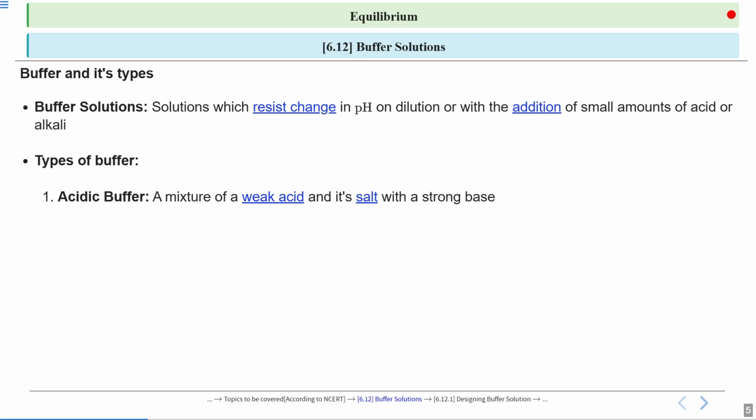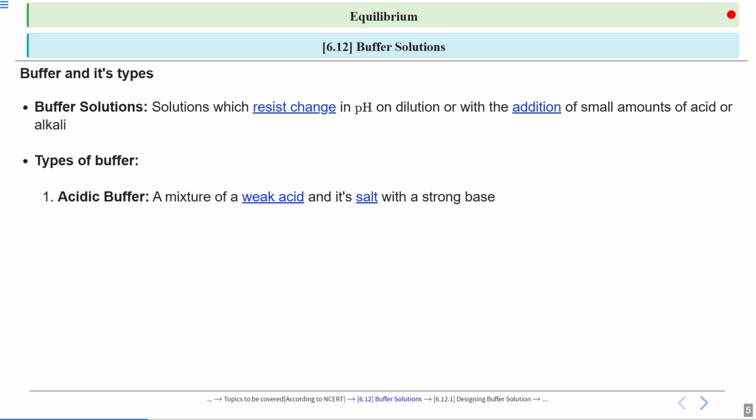Now there is a confusion in students' minds in most of the cases I see, that the acidic buffer can only resist a change in the pH if acid is added. No, that is not the meaning of acidic buffer. Acidic buffer means one whose pH is less than 7 and the role of the buffer is the same.